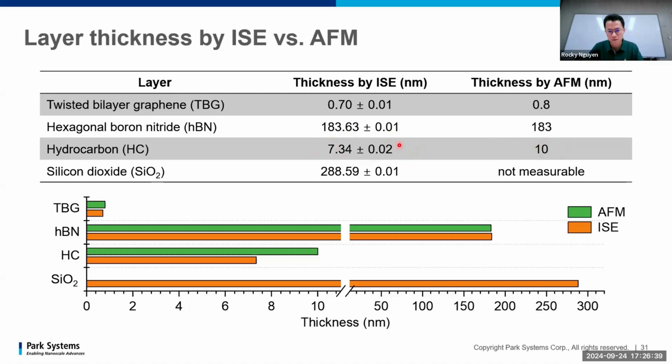So SE can give a more accurate result in this case. Also, for typical measurement, the thickness of the thermally grown silicon dioxide layer is very hard to measure using AFM, but with the ellipsometer, we can easily measure it.